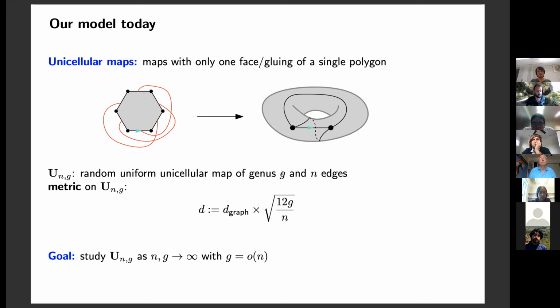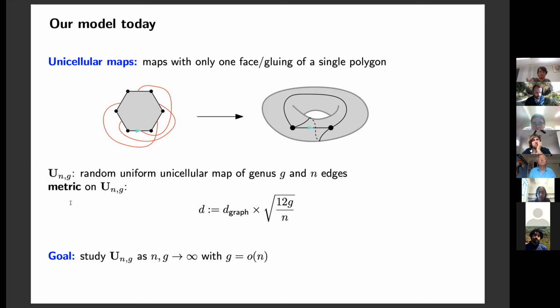So if you have a finite set, how do you sample something randomly? The easiest thing to do is to sample it uniformly. So now I'm going to say this is a random unicellular map, a random map with one face. I'm going to call it U_{n,g}. It's a random map of genus g built from the 2n-gon.